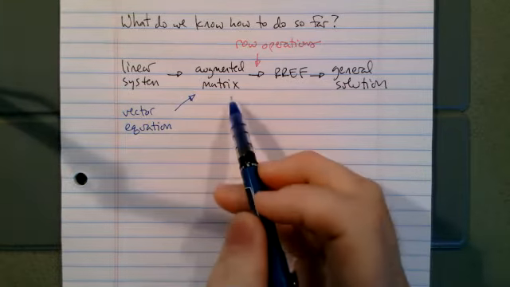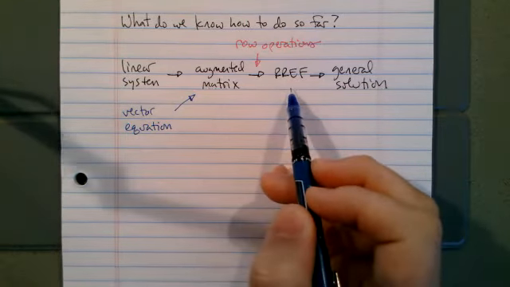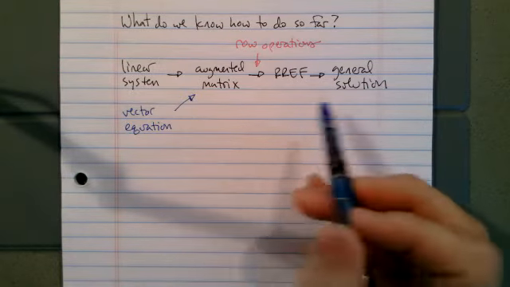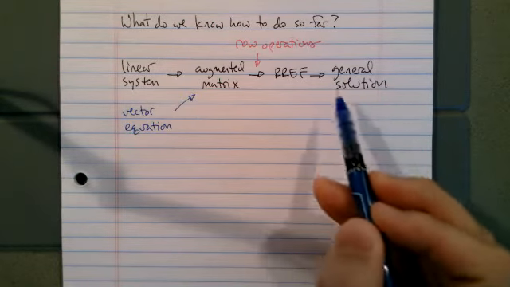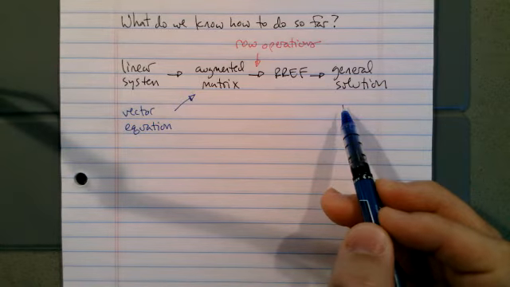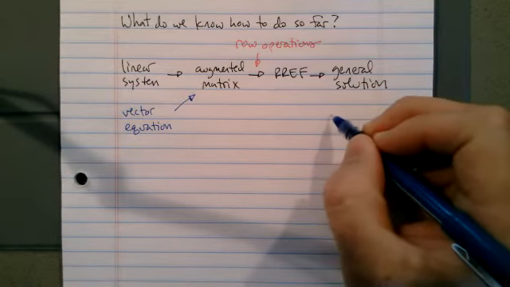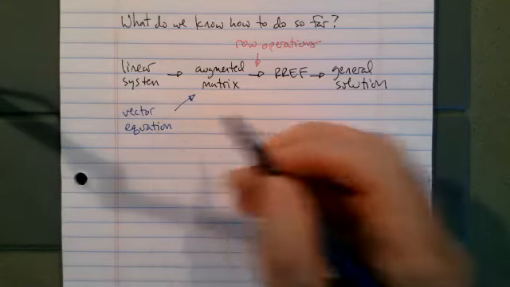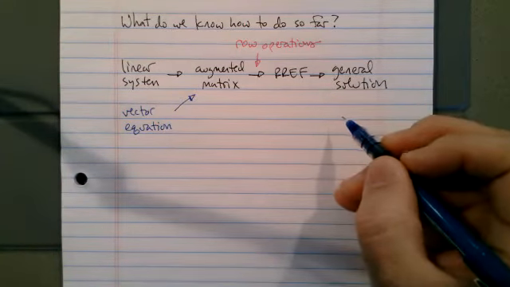Once we have an augmented matrix, we want to look at the reduced row echelon form and then write the general solution to the vector equation. But then the thing we want to add to this end of our chain of events is the parametric vector form of the solution. Generally, if we have a vector equation, it's expressing a relationship between vectors, so our answer should look like a bunch of vectors.